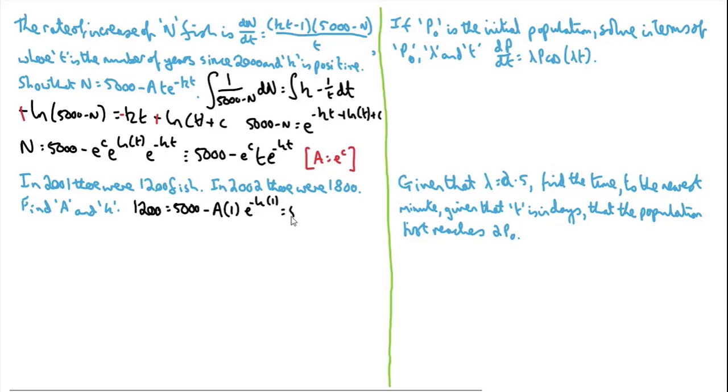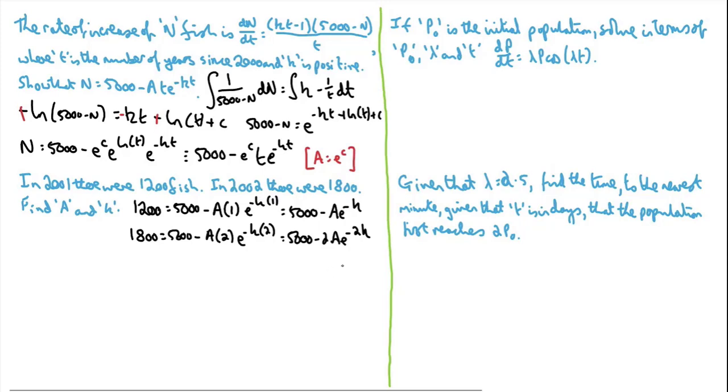So in other words, you've got 5,000 minus a e to the minus k, and then with the other one, 1,800 equals 5,000 minus a times 2, because it's 2 years afterwards, e to the minus k times 2. So in other words, 5,000 minus 2a e to the minus 2k.